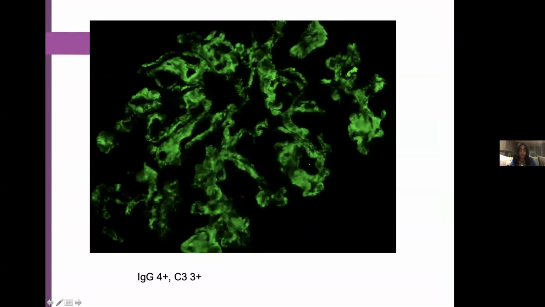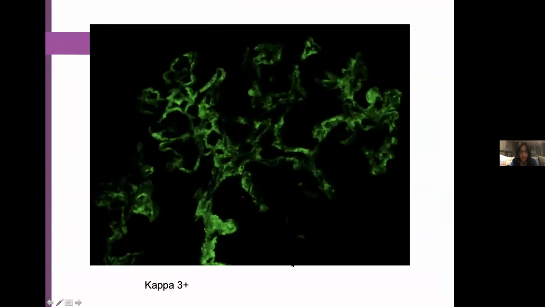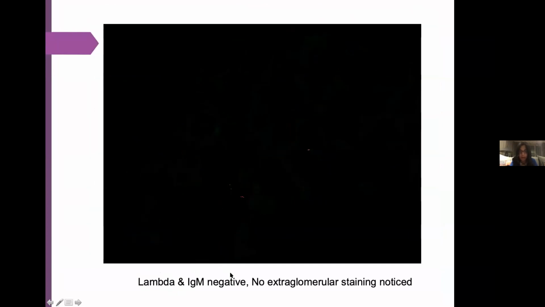Now her immuno was strongly positive for IgG and C3, but did not have any characteristic pattern in immuno. They did look a bit smudged though, but you cannot swear on them, and you did not have very strong mesangial staining. She stained for kappa positive, and her lambda was completely negative.